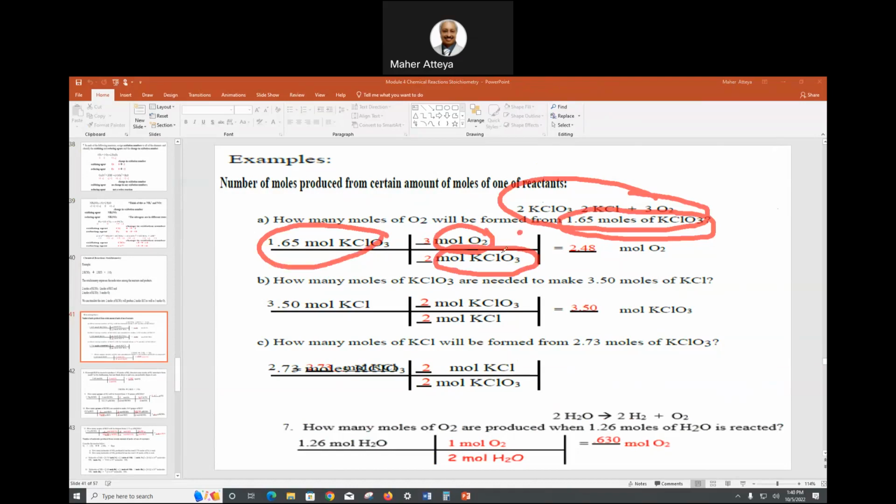I have to put it in the bottom here, cancel with the moles, not the value, correct? Not the value, but the moles. So then I have 1.65 multiplied by 3.